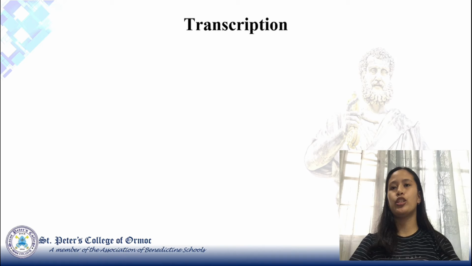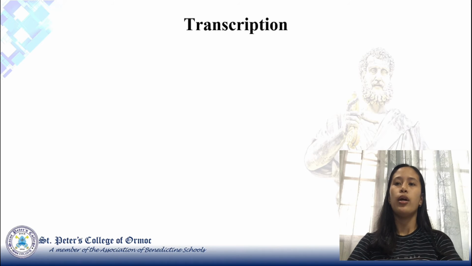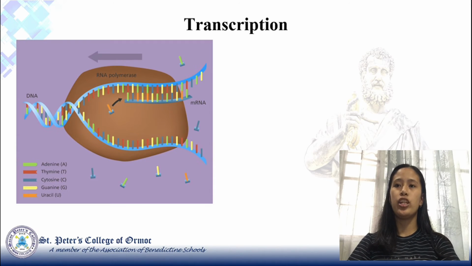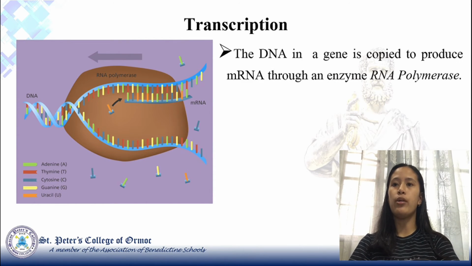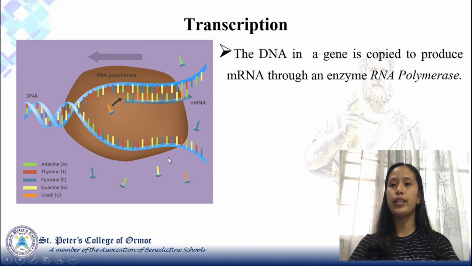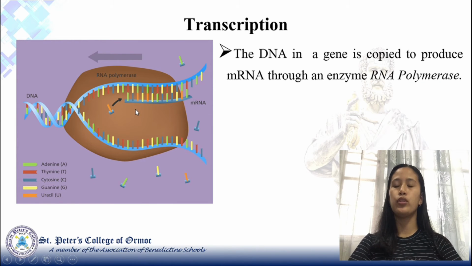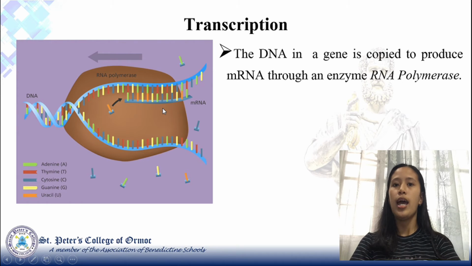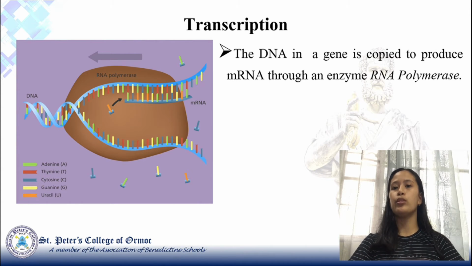Now let's proceed to transcription, where the DNA in a gene is copied to produce mRNA through an enzyme, RNA polymerase. When the RNA polymerase finds the region that signals the start of transcription, otherwise known as the promoter, the polymerase will bind to it and start the process of transcription.